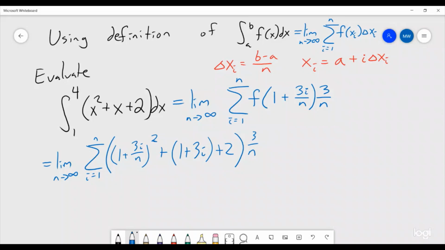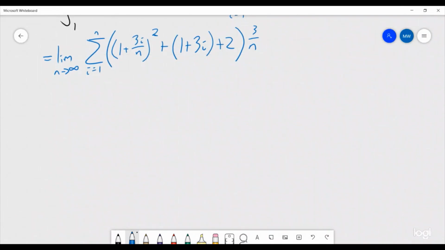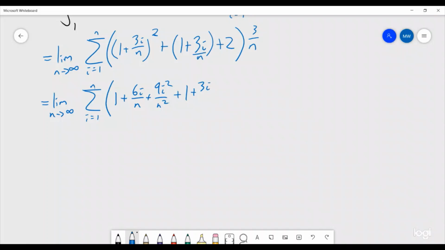Okay, what we want to do now is expand all of those pieces out. So this is the limit as n goes to infinity of, multiplying, the sum i equals 1 to n of, let's see, 1 plus 3i over n squared, that goes to a 1, plus 6i over n, plus 9i squared over n squared, plus 1 plus 3i over n, plus 2, times 3 over n.